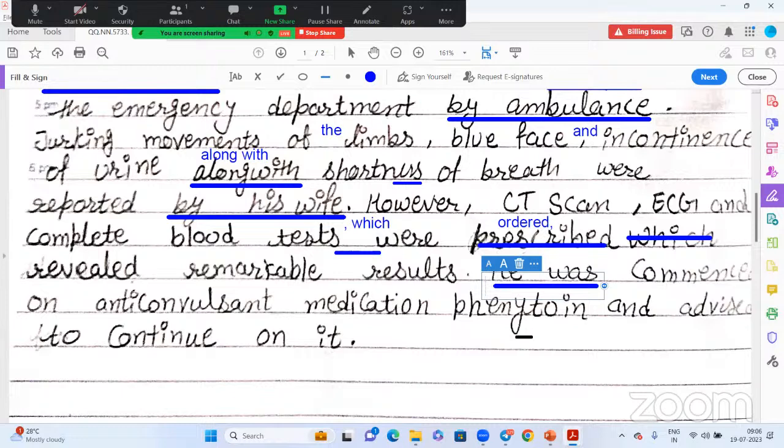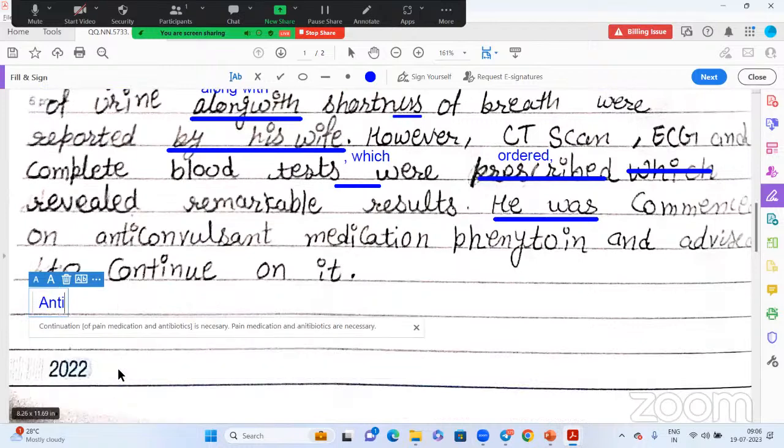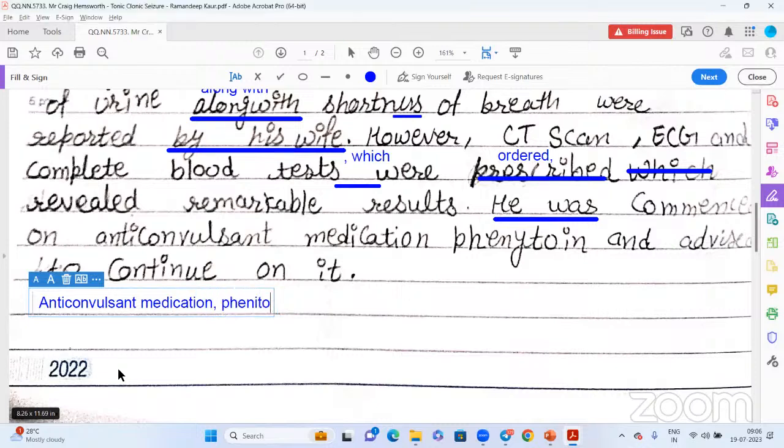Start from anticonvulsant medication, comma, phenytoin, which was commenced and has to be continued.